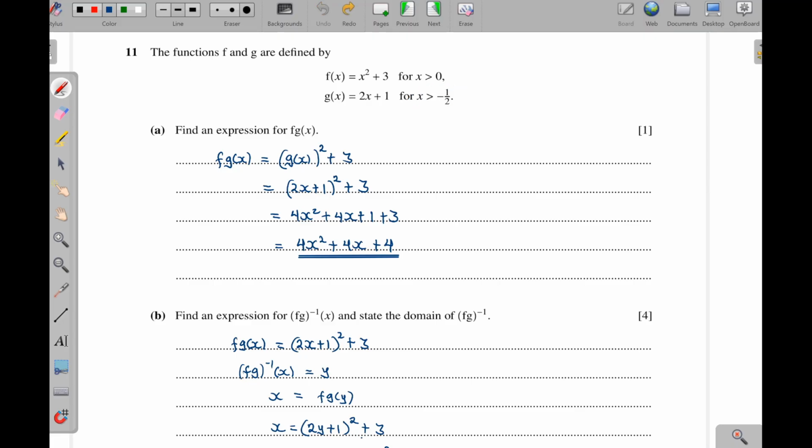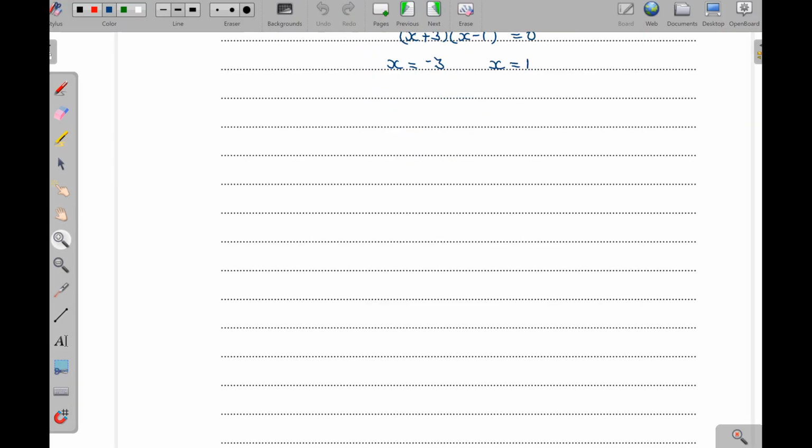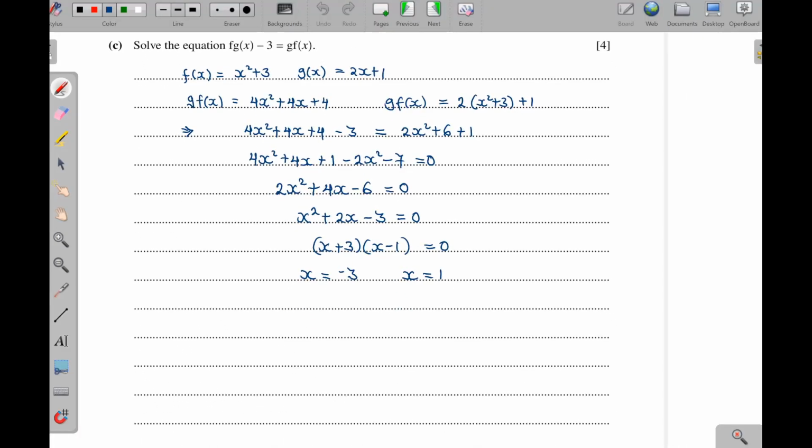And one of the values here, negative 3, is far less than negative 0.5. So our answer has to be equal to 1, which satisfies both. And that becomes that.